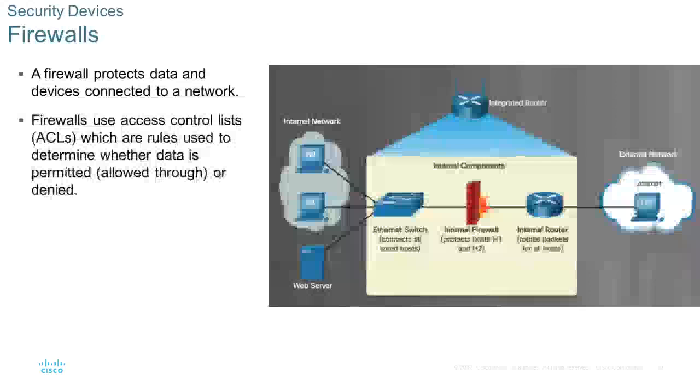What does a firewall do? A firewall applies policies to traffic. Basically, access control lists are a set of rules that must be met, and they basically say, is this traffic allowed through?